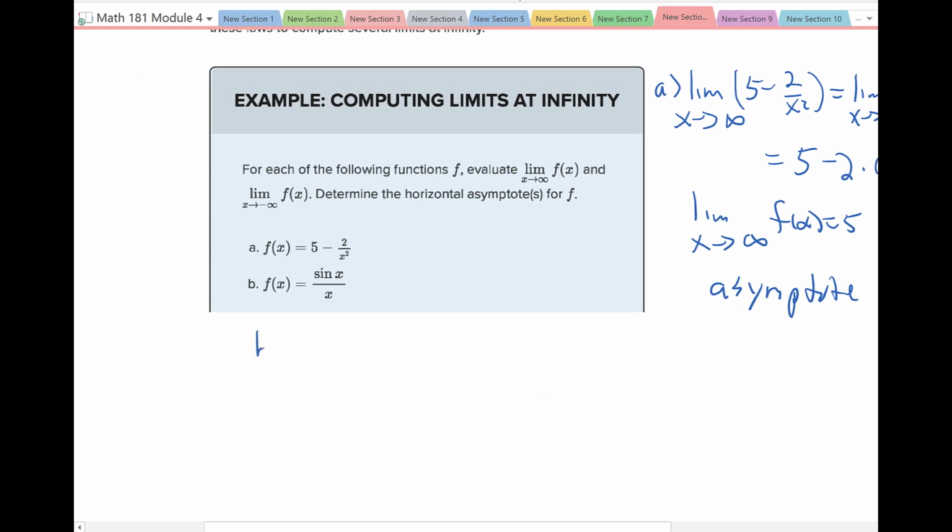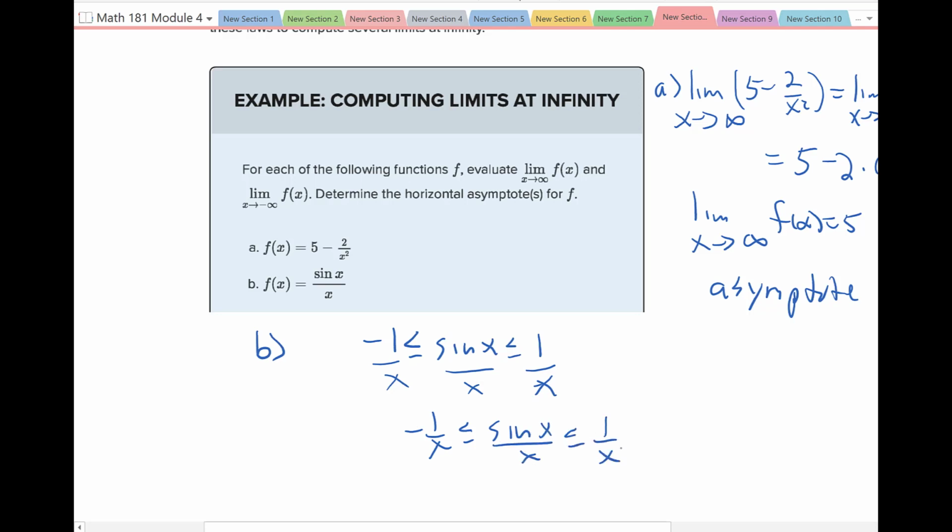Let's look at B. Let me build this up a little bit first. We know that -1 is less than or equal to sine of x, less than or equal to 1. Then we divide everything by x, so we have -1 over x is less than or equal to sine of x over x, less than or equal to 1 over x.